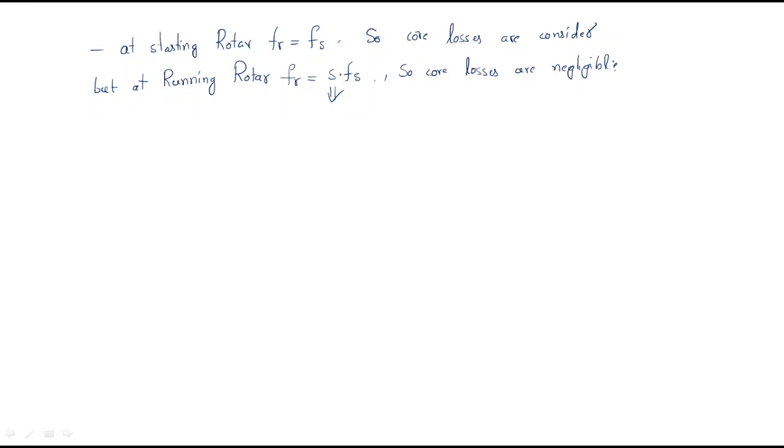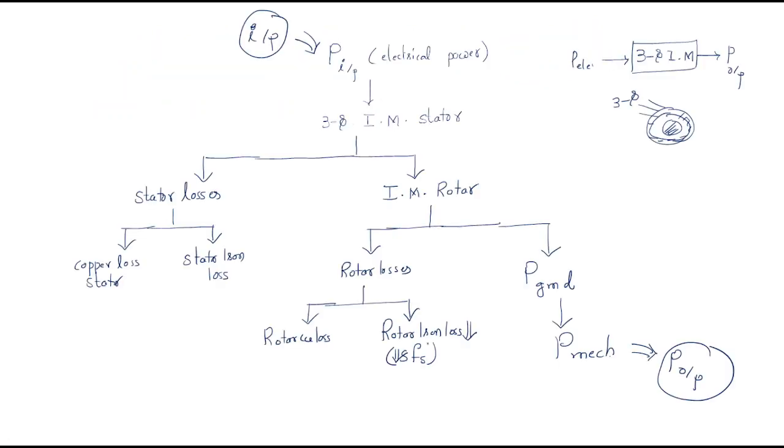And finally, from the gross mechanical power developed, we should remove the rotor windage losses, then we will get the net power or complete mechanical power. We should not forget this loss.